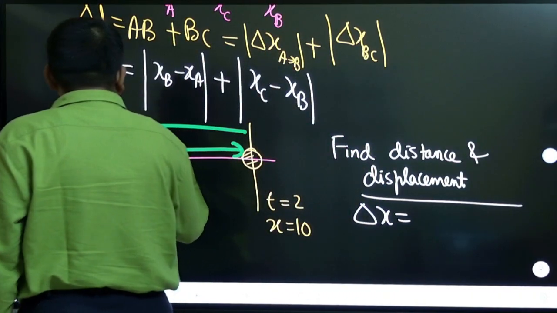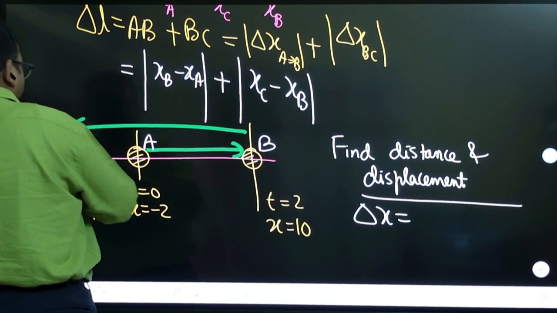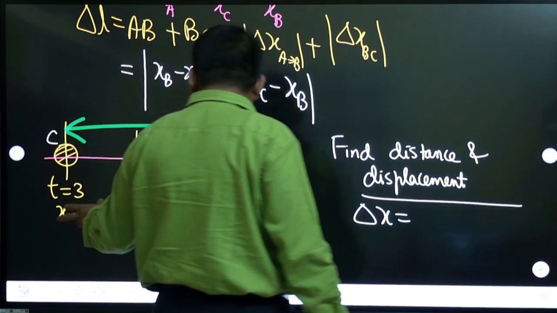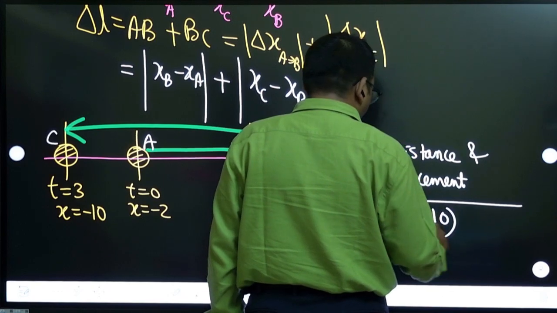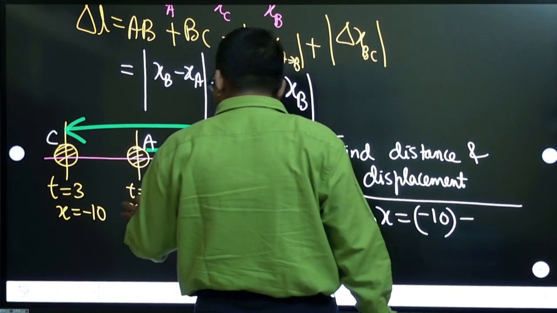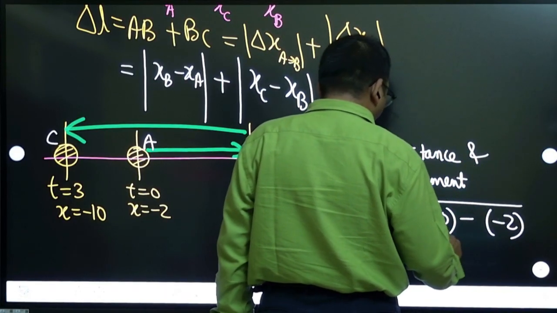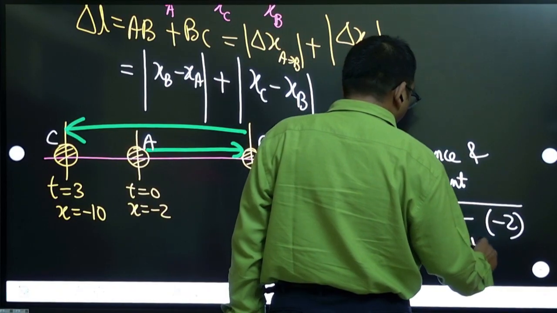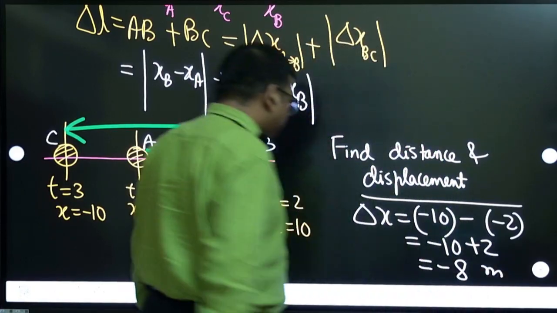So suppose I write this as ABC. Final is position C, which is minus 10. Final minus initial. Initial is A, which is minus 2. Yes, you are right. Good. So minus 10 plus 2 becomes minus 8, right? Meters. Then what is distance?